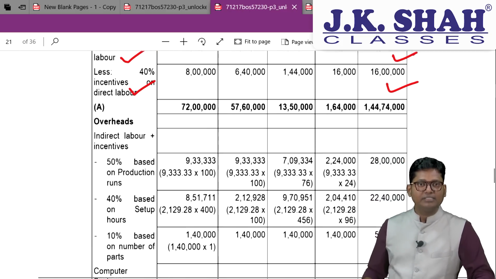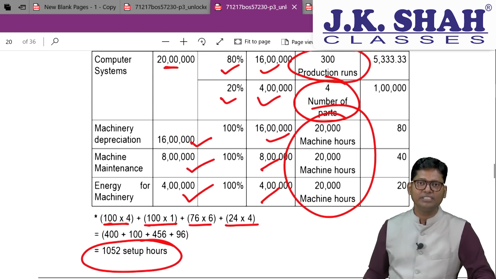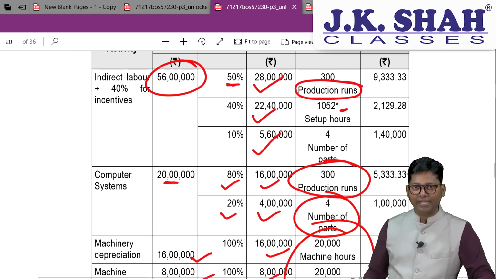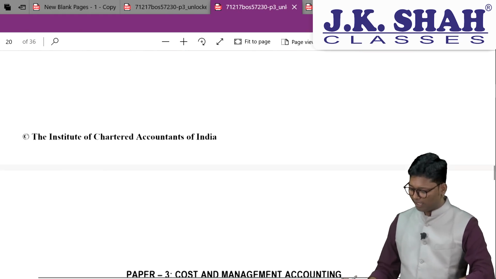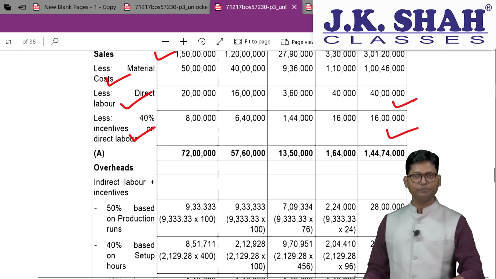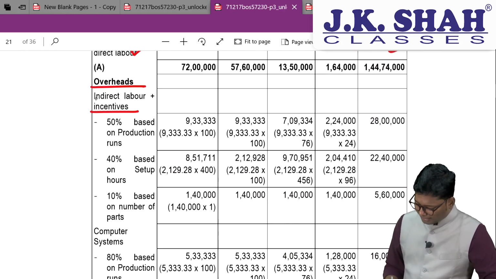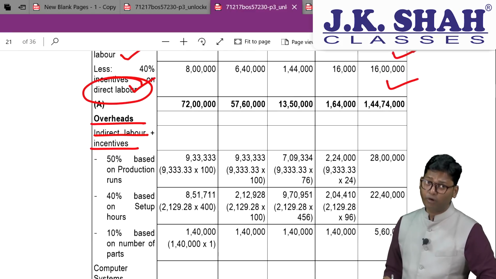Now if you are talking about overhead, here comes an important point. The bifurcation and breakup is available here. Incentive and everything we have computed, and the same amount is transferred to our calculation in this table. Overhead number 1 is indirect labor. This one is your direct labor and 40% incentive.